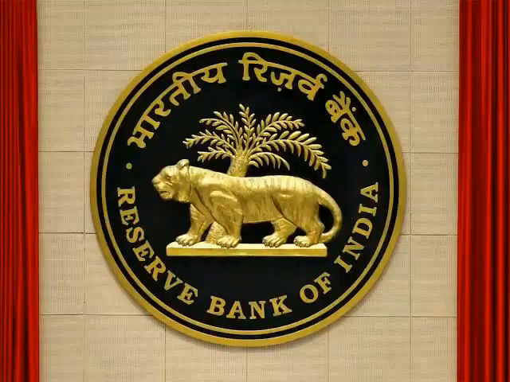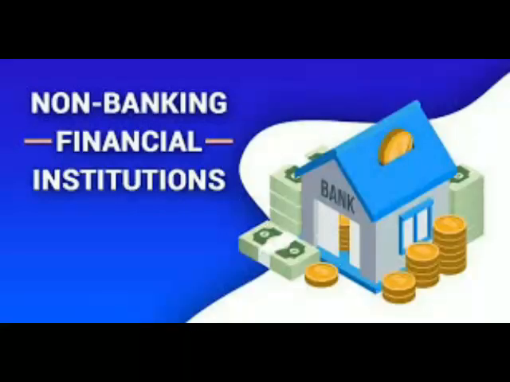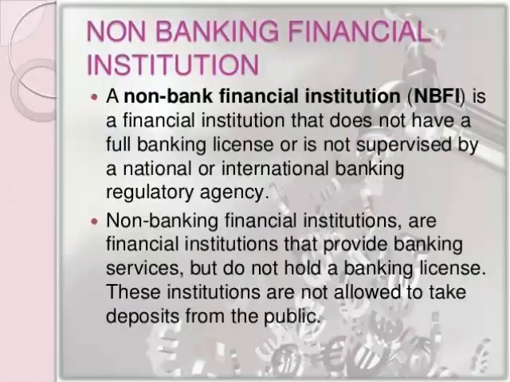Apart from this, if I talk about non-banking sectors, there are many different financial institutions providing finance to the public, to the government and to the private sectors also for the expansion of business, of industries, of entrepreneurs, and many other things.